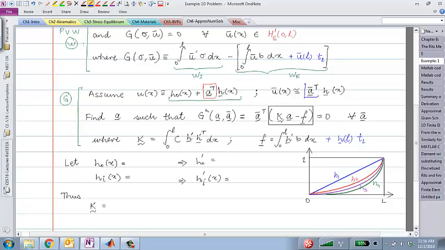These a bars could be anything for all a bar transpose, right? We don't care what these coefficients are, what the a bar coefficients are. What we are trying to find are the real coefficients. All right. Now, if I plug that in, I know that we get A bar transpose times Ka minus F, where K is given by this expression and F is given by all of this expression.